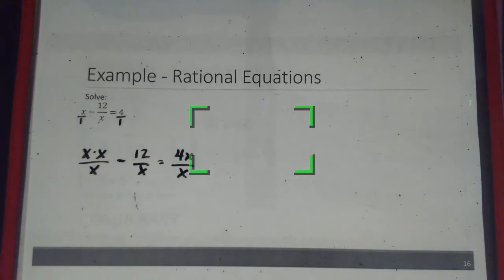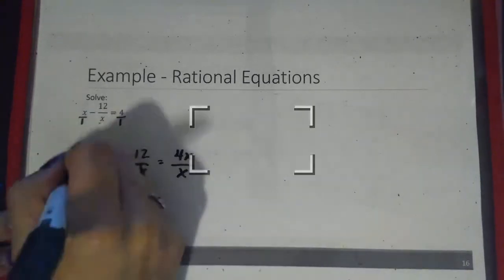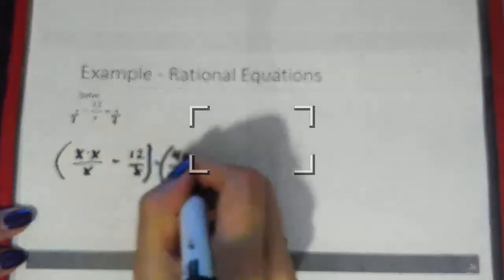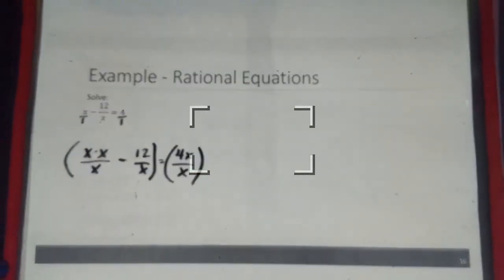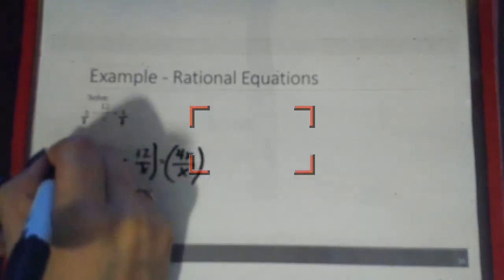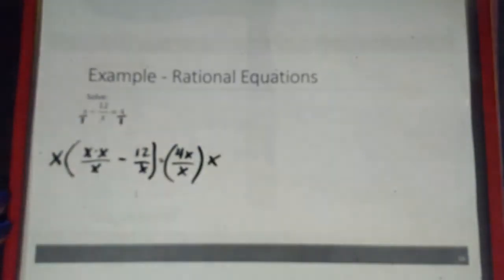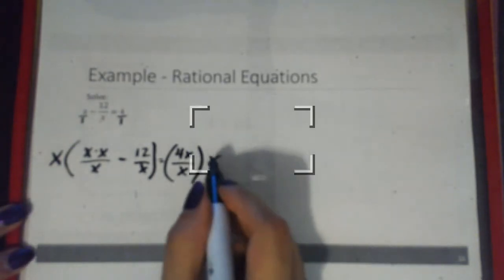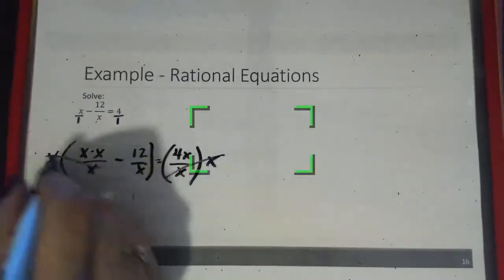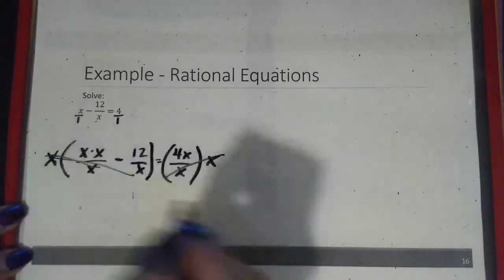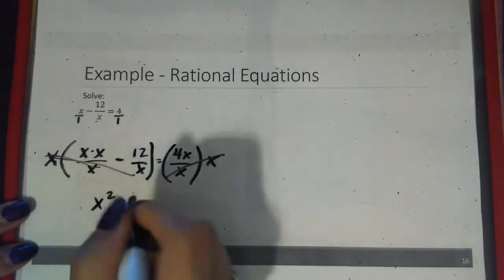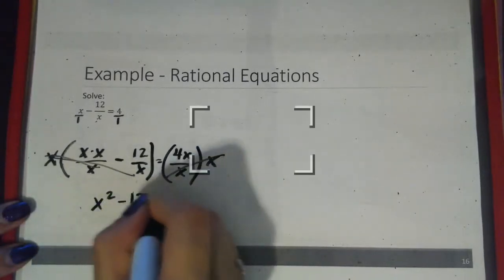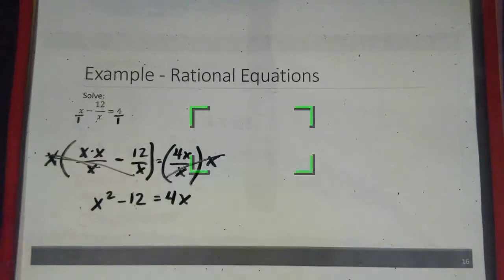The reason I'm doing this is so I can now multiply both sides of my equation by that denominator that they all have in common. So I'm going to multiply both sides of this equation by x because it is that denominator. What that's going to do is divide out all of my denominators, and I'm just going to be left with the numerators. x times x is x squared minus 12 is equal to 4x.